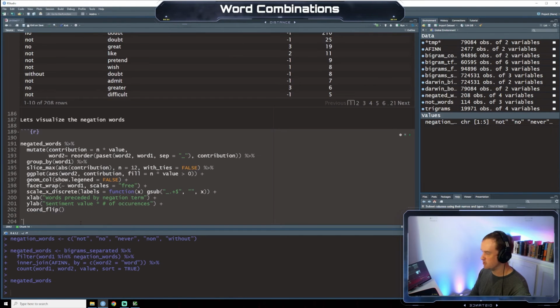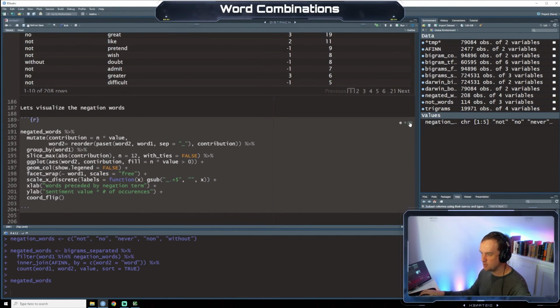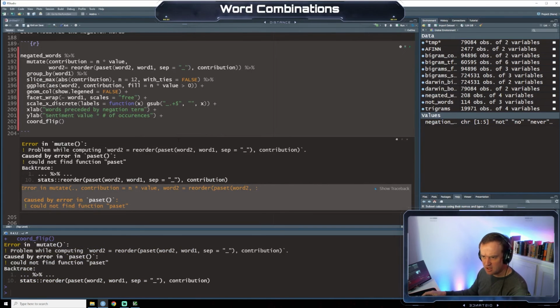So this just flips the x and the y axis. I mean, it just looks better. Paste, it should be paste. Now where did I misspell that?